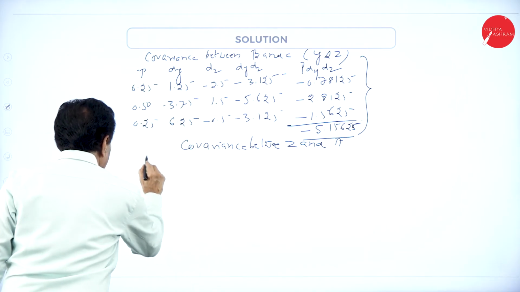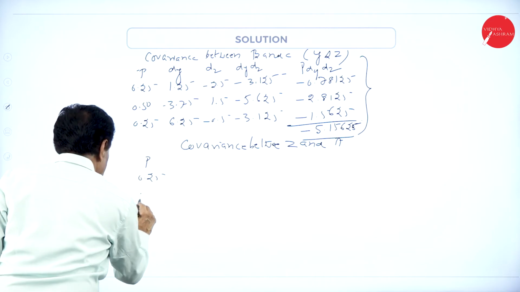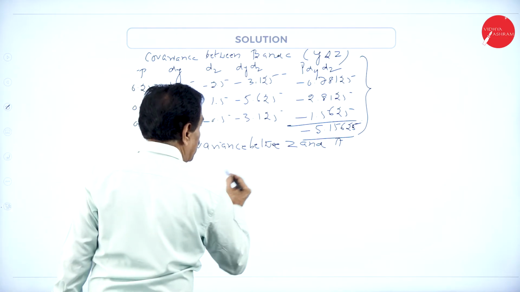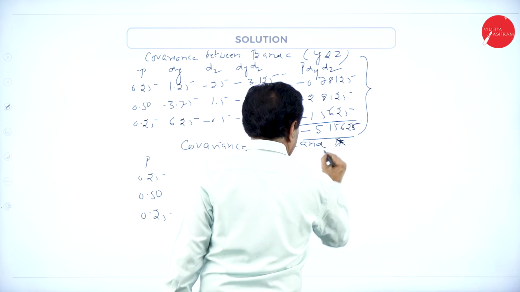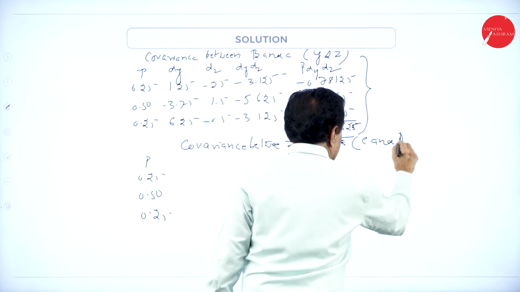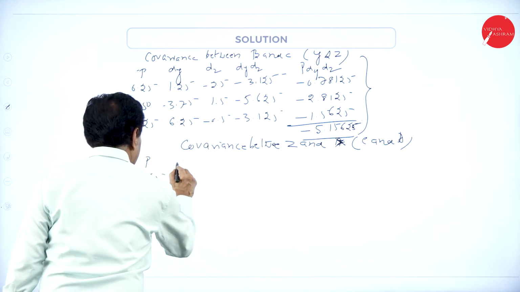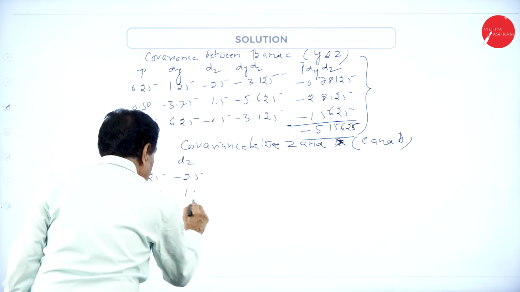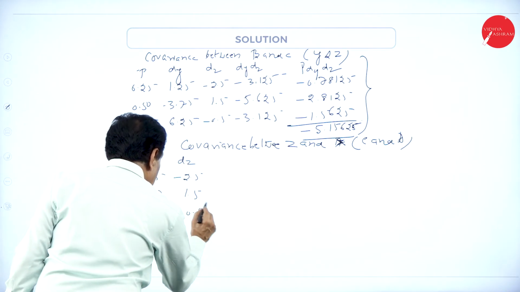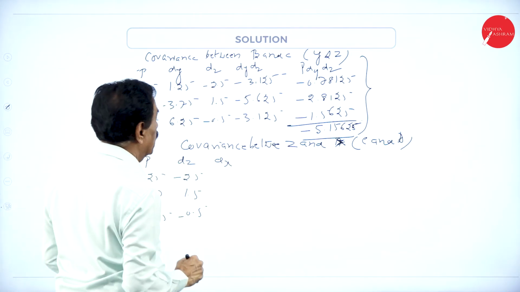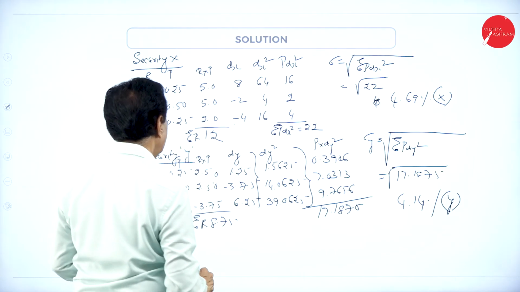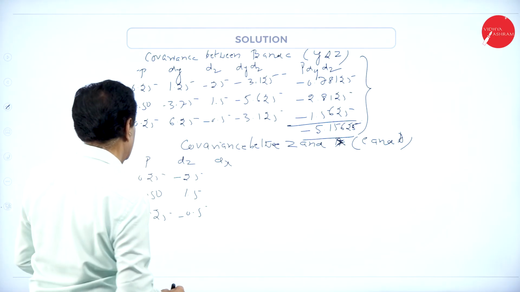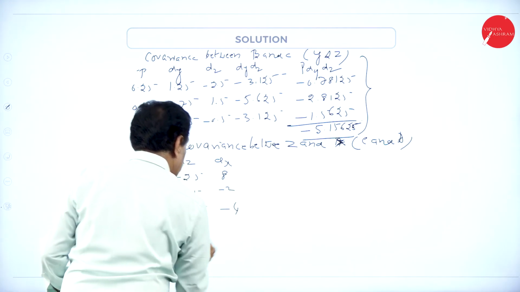Probability 0.25, 0.50, 0.25. Then covariance of z and x, this is C and A. This is dz: minus 2.5, 1.5, minus 0.5, and dx: 8 minus 2 minus 4.